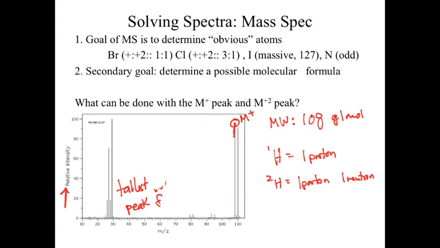So that isotope effect is really only going to play a big role for us with the atoms bromine and chlorine. Yes, we have an isotope effect with hydrogen and with carbon, but the natural abundance is something like 99% hydrogen 1 and 0.9% hydrogen 2.